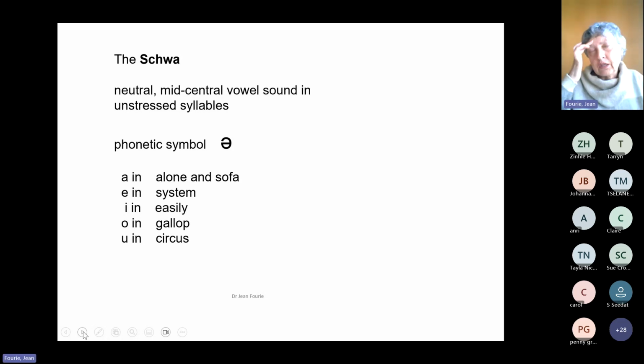And so this adds a complication to the remediation of spelling. So please go and do some listening and hearing, and become very much more aware of the neutral sound in the English language.